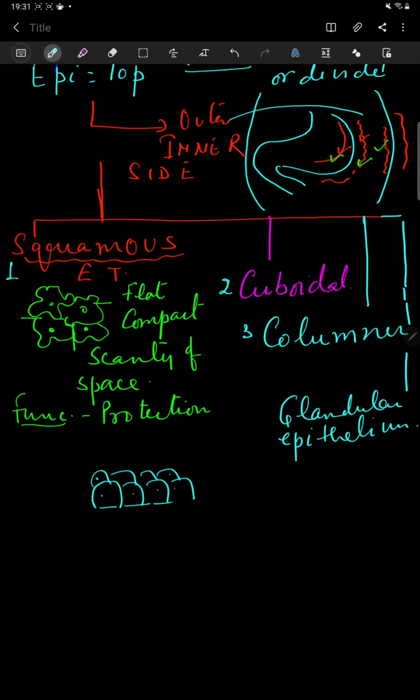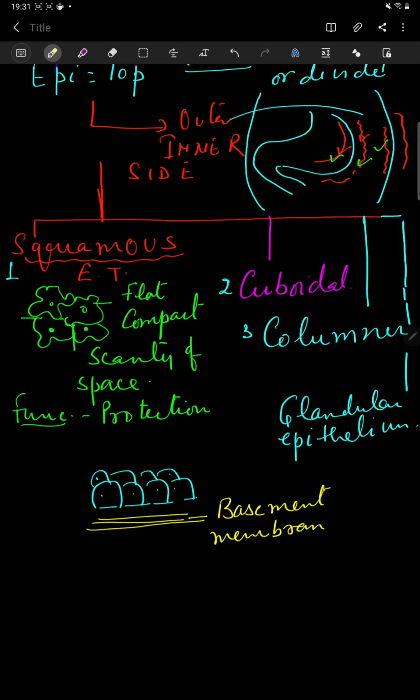So basically these cells rest upon a type of membrane. It is an extracellular membrane. So I am going to make this extracellular membrane. This membrane is termed as basement membrane.